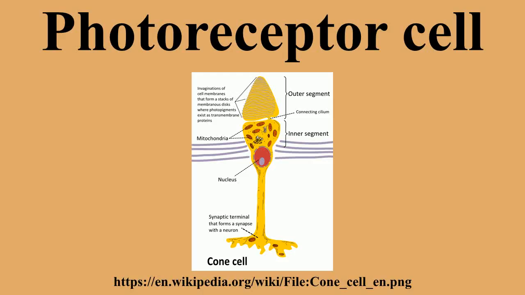PDE then catalyzes the hydrolysis of cGMP to 5'-GMP. This is the second amplification step, where a single PDE hydrolyzes about 1000 cGMP molecules. The net concentration of intracellular cGMP is reduced, resulting in the closure of cyclic nucleotide-gated Na+ ion channels located in the photoreceptor outer segment membrane.